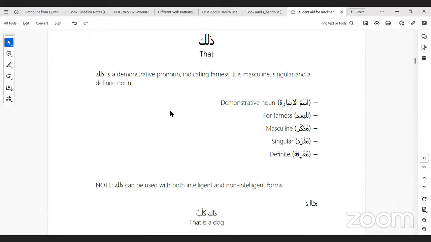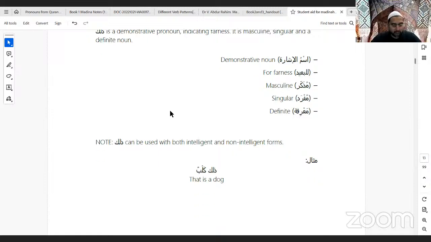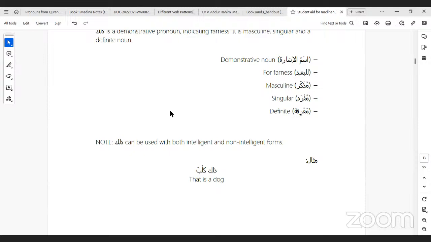Dhalika, that. Dhalika is a demonstrative pronoun indicating farness. It is a masculine, singular, and definite noun. Demonstrative noun, ismul ishara. Al-ba'id for farness. Muzakkar, masculine. Mufrad, singular.